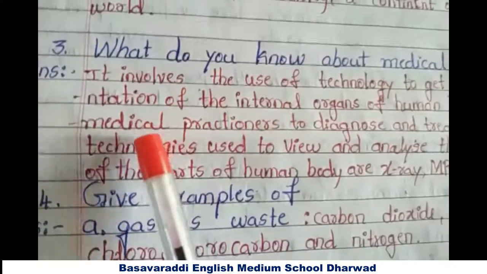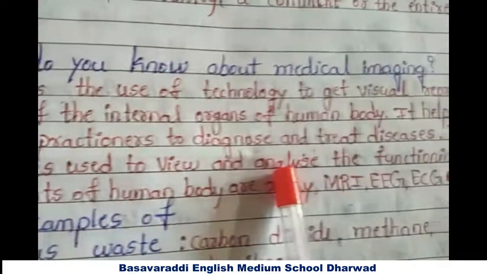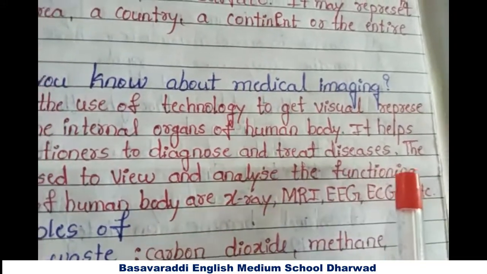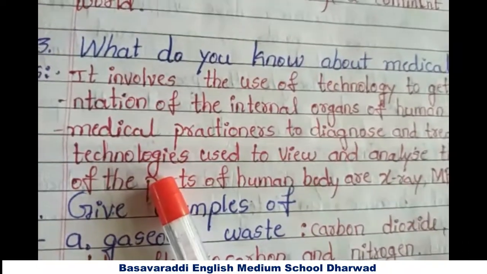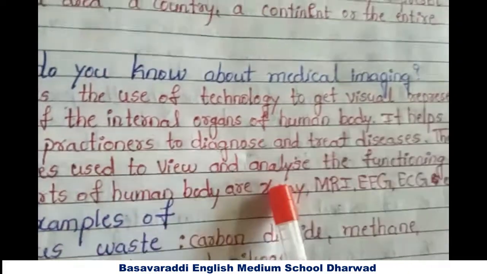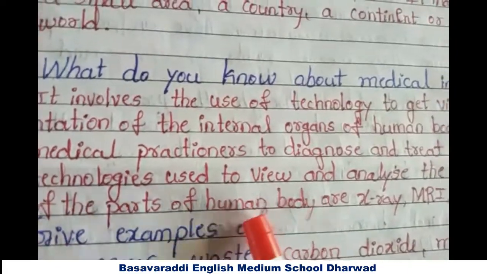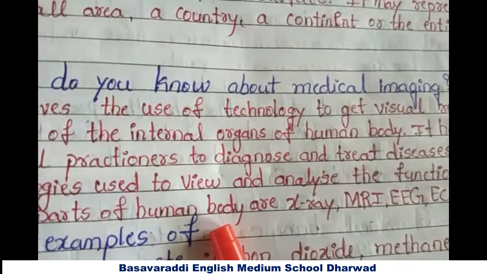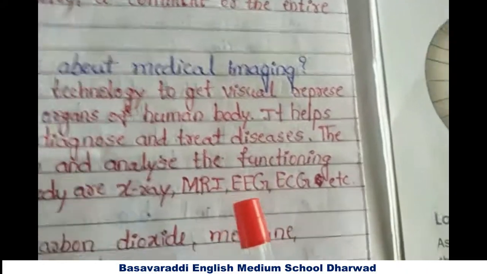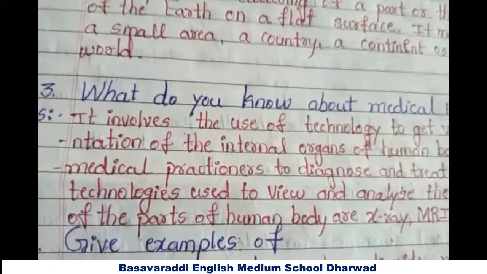It helps medical practitioners to diagnose and treat diseases. The technologies used to view and analyze the functioning of the parts of the human body are X-ray, MRI, EEG, ECG, etc.